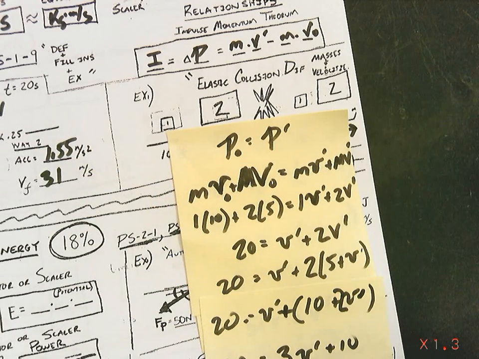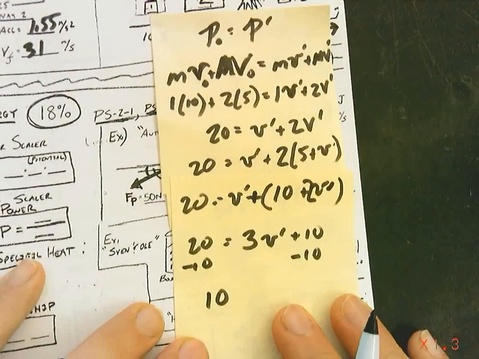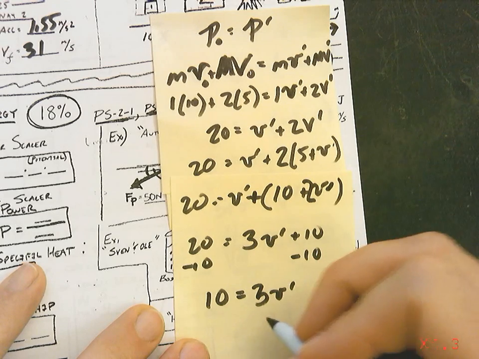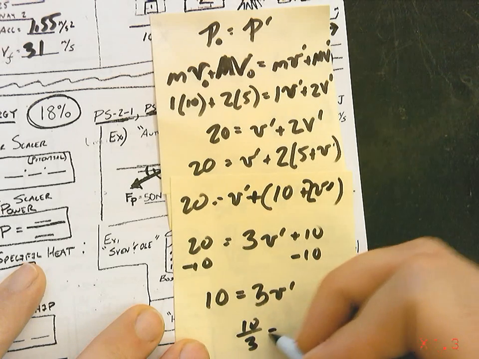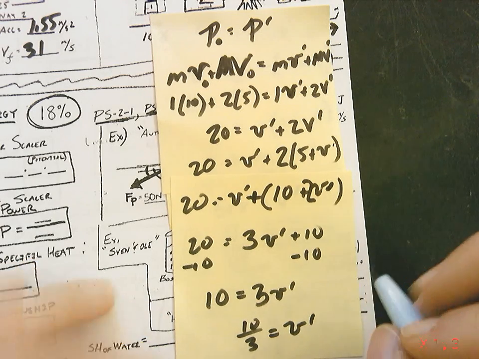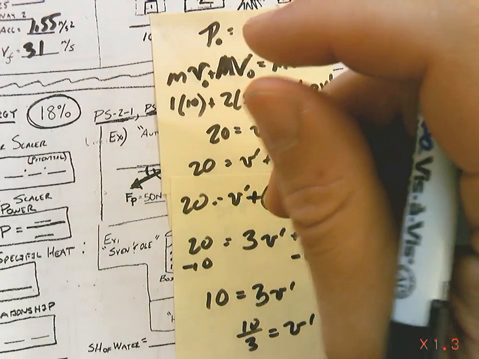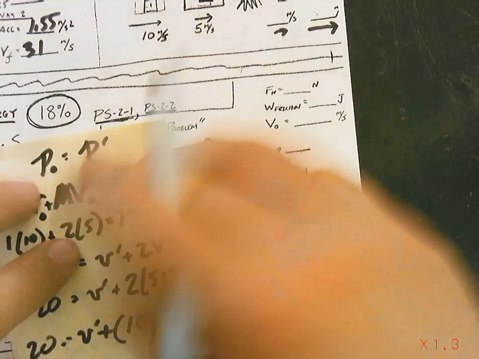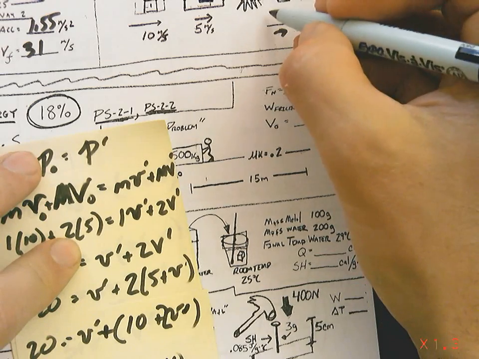So now I want to subtract 10 from each side. Minus 10 here, minus 10 there. I get 10 equals 3 little v. So 10 thirds equals little v. So that's 3 1/3. And so afterwards, we know that little v will be 3 1/3.